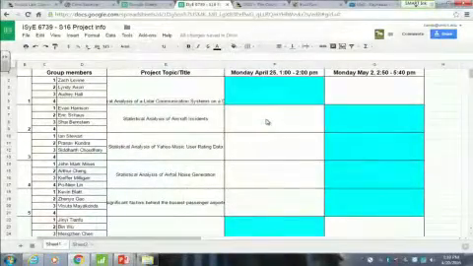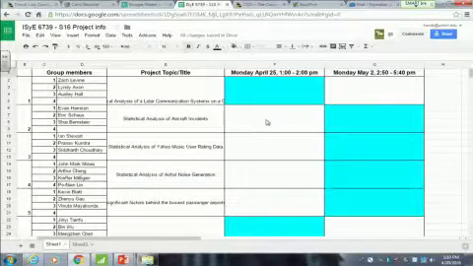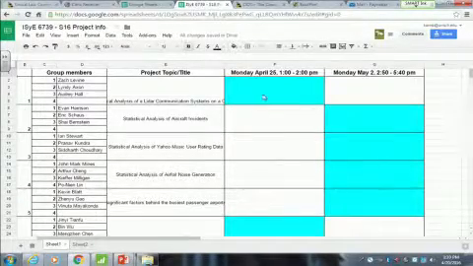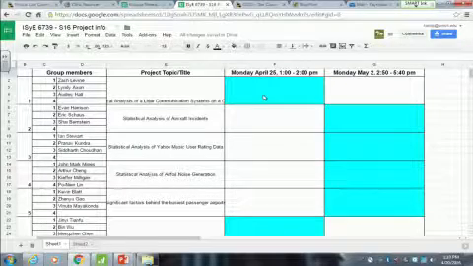But if you are presenting on the 25th, you don't have to be in class on the 2nd, and vice versa. In some sense, people presenting on the 25th are sort of lucky. Maybe not. Yeah, go ahead. Just to reiterate, you only have to come to class when you present, and you have to stay for the whole time. Yes, exactly.